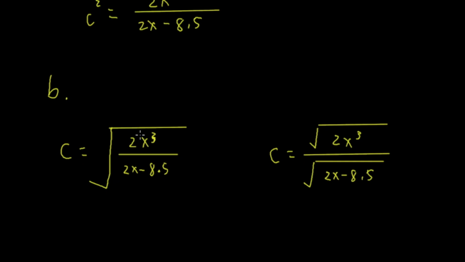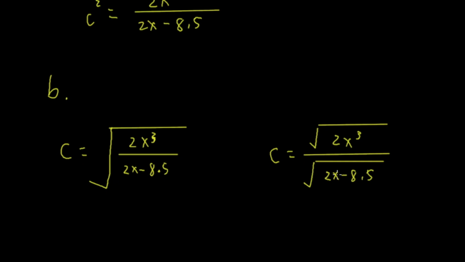And to get a positive number, the numerator and the denominator need to be both positive. Then this is a positive number. But if the numerator and the denominator are both negative, then this is also a positive number, right? That means x here can be 0 or less than 0 to make this a positive number.